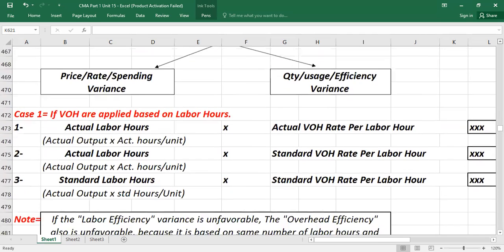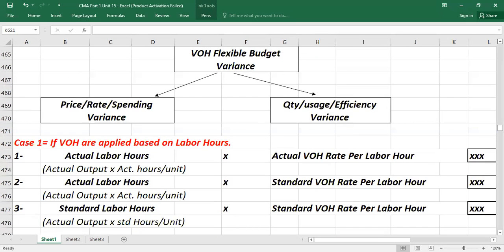Please remember, for overhead variance, which overheads am I talking about? Variable overheads. And which budget? Flexible budget. I told you we have to study flexible budget variance in the first lecture. There are two variances for variable overhead.